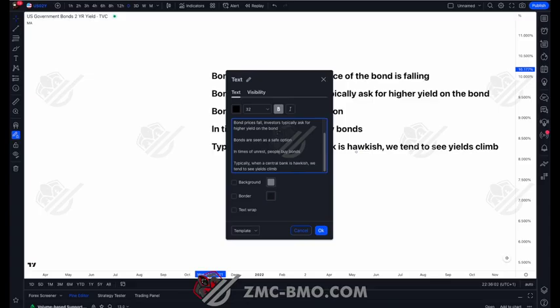Like we learned, when the yields climb on a bond, on that Greek bond example, it's becoming more and more likely that the government is going to default on that issued bond, and that's why they typically ask for better yields. Just think of it logically.